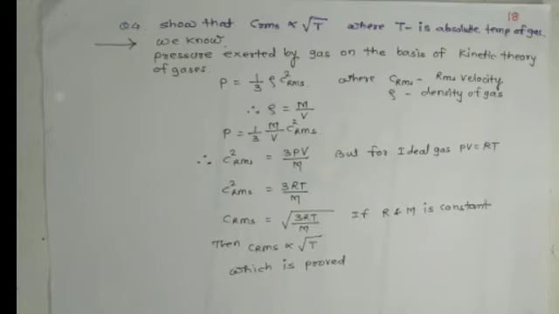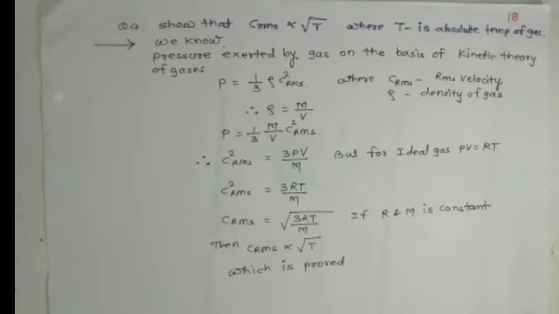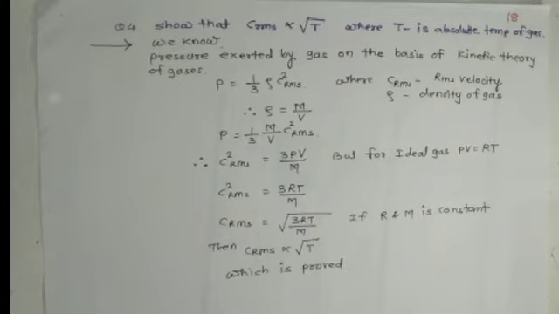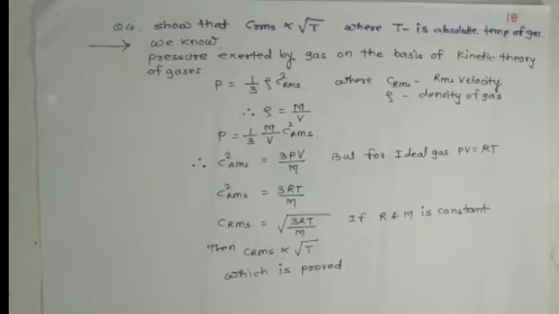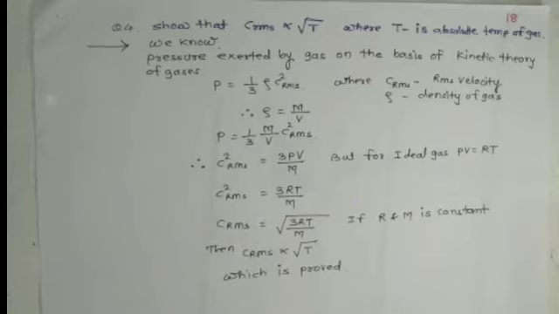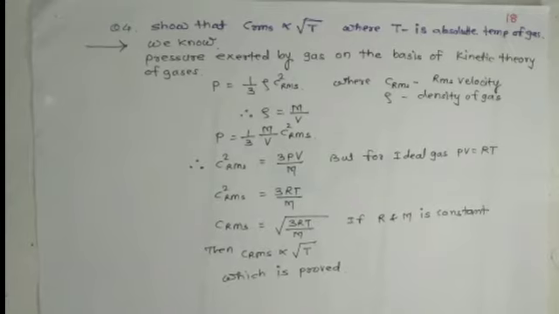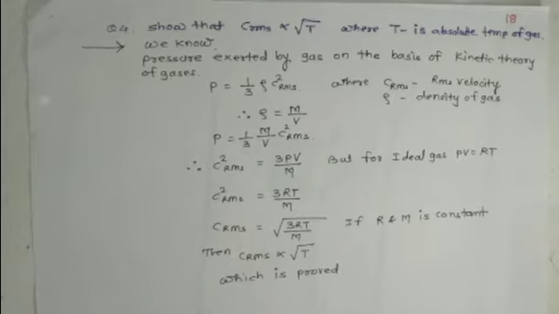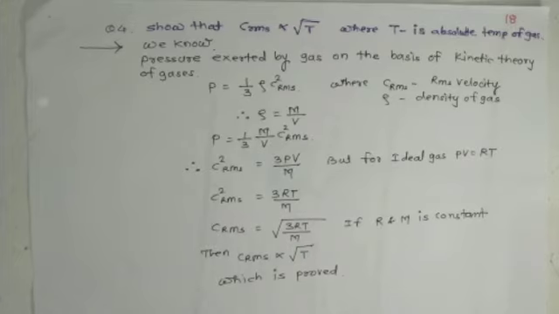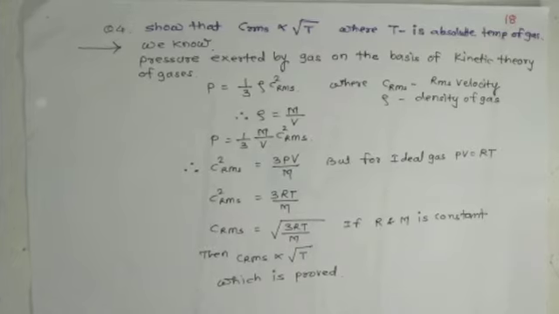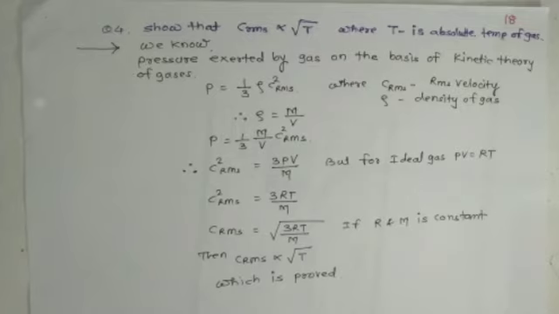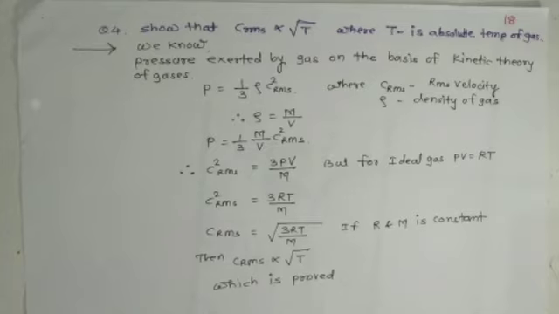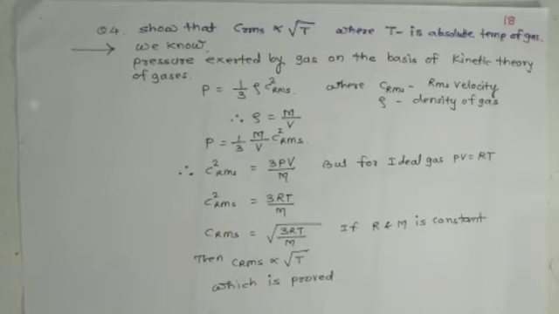Question number 4. Show that C RMS is directly proportional to square root of capital T, where capital T is the absolute temperature of the gas. Here the answer is, we know the pressure exerted by a gas on the basis of kinetic theory of gases: P equals 1 upon 3 rho c square RMS, where c RMS is the RMS velocity and rho is the density of the gas, which is mass upon volume.